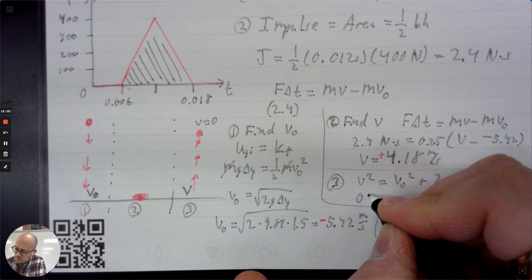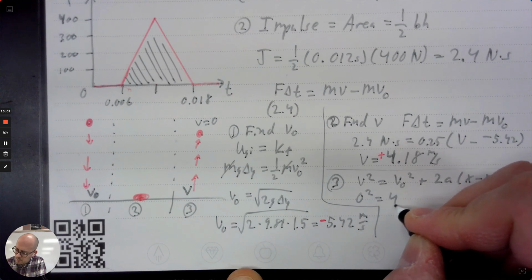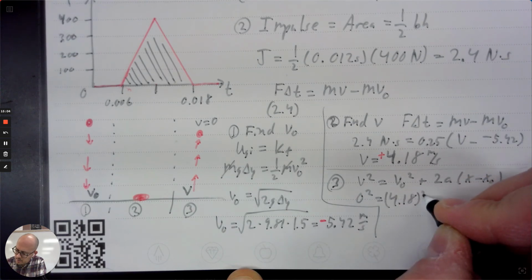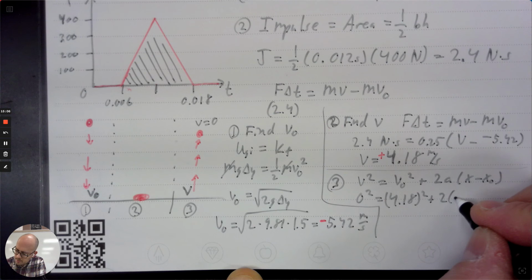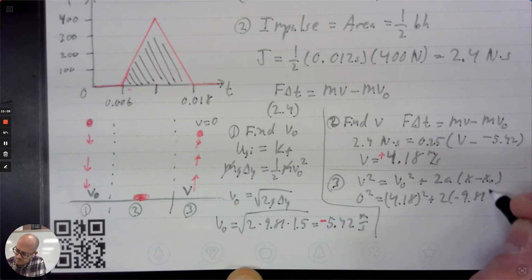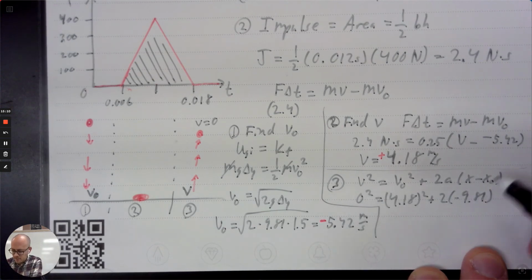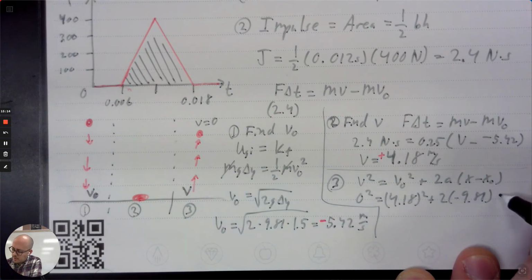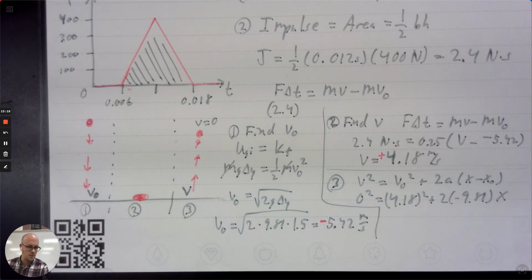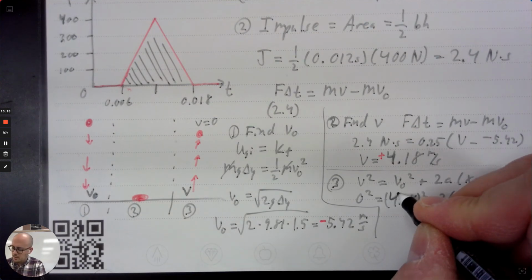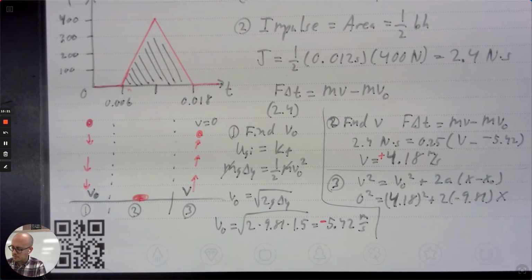So I have 0 squared equals 4.18 squared plus 2 times negative 9.81 times x minus x naught. x is the value that I want. x naught is 0 because it was on the ground. So x, it really should say y, I guess, but it doesn't. So I'm solving this.